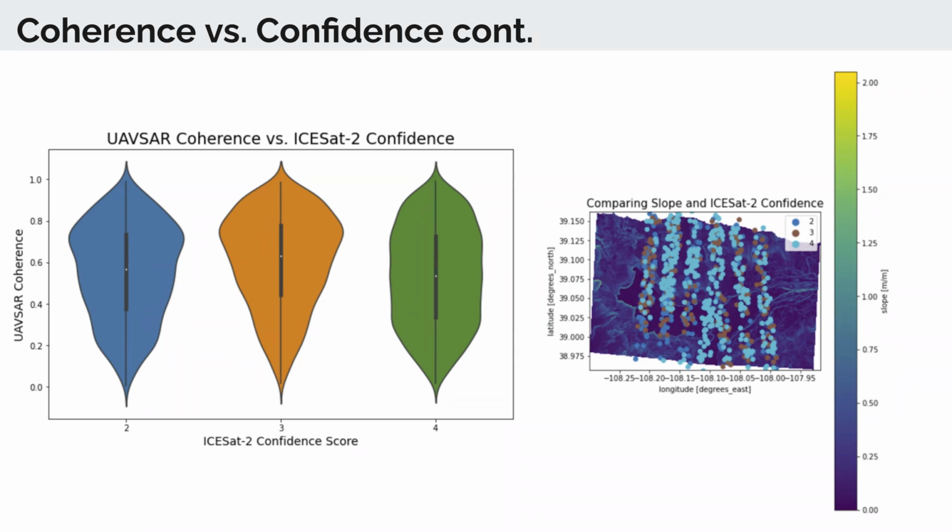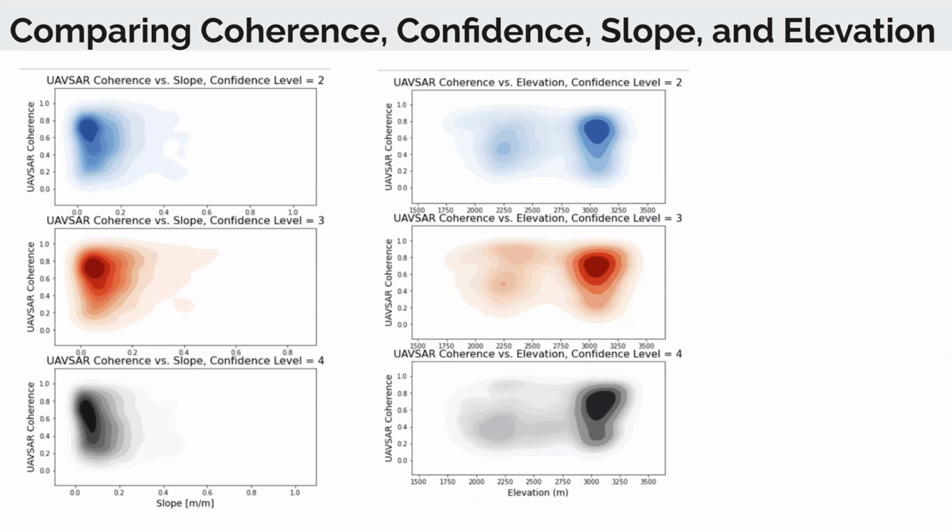And here on the right, you can see a map comparing that to, I believe, slope. I don't know, that one wasn't too informative. So then we made some additional figures tying in slope versus UAVSAR coherence, and we binned it so that each plot is a different confidence level of ICESat2 data.